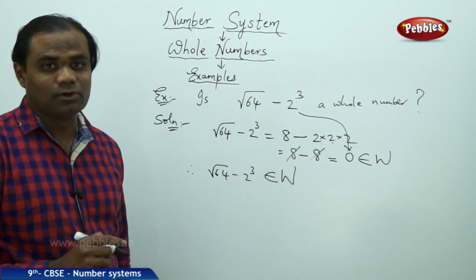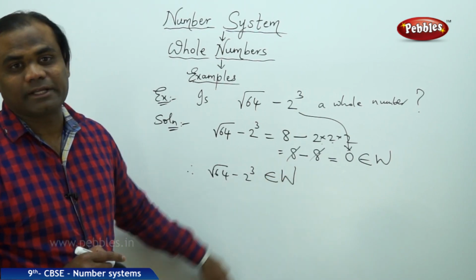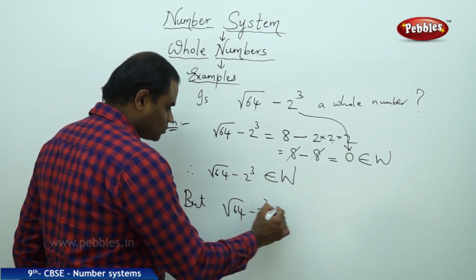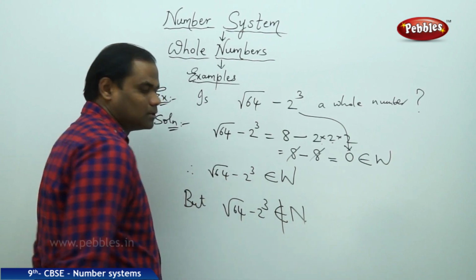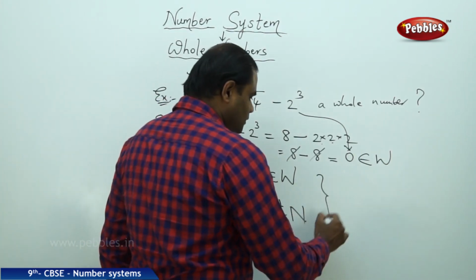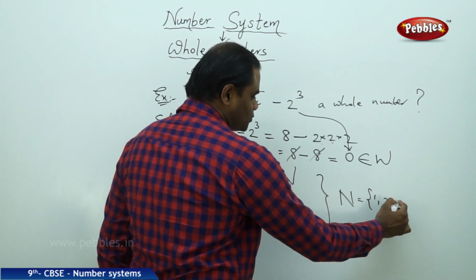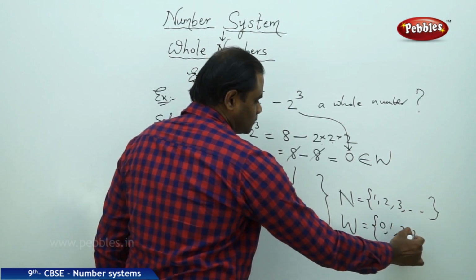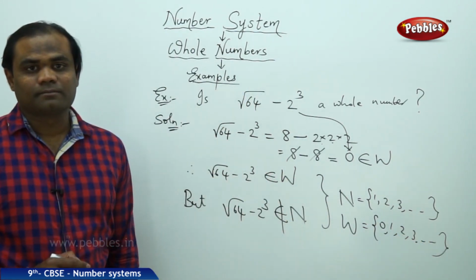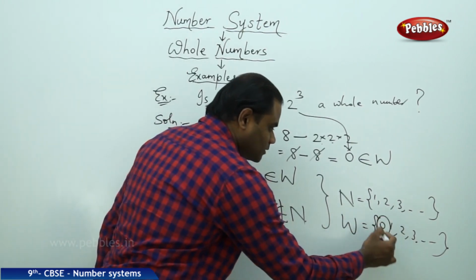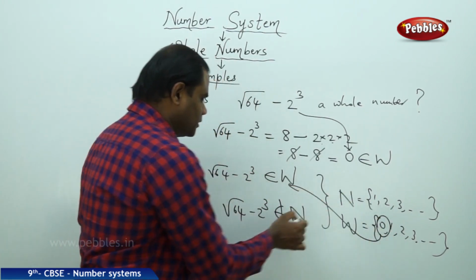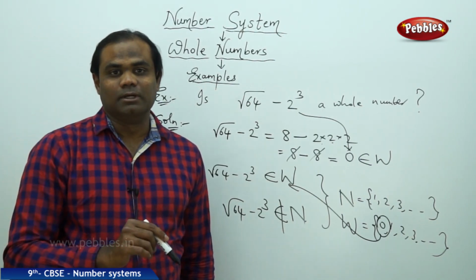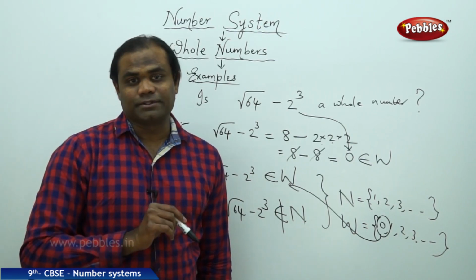Also, it is very important to note that √64 minus 2 cube is not a natural number, because we have clearly seen that N starts from 1, 2, 3, etc. and whole numbers start from 0, 1, 2, 3, etc. And therefore, this belongs to W, but it does not belong to N. 0 is part of whole numbers, but 0 is not part of natural numbers.